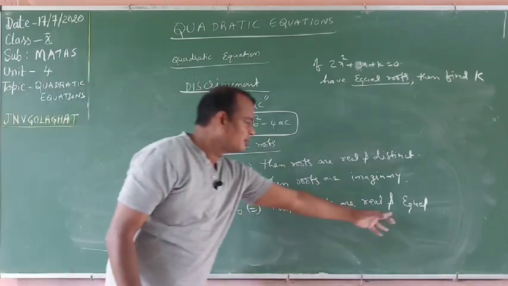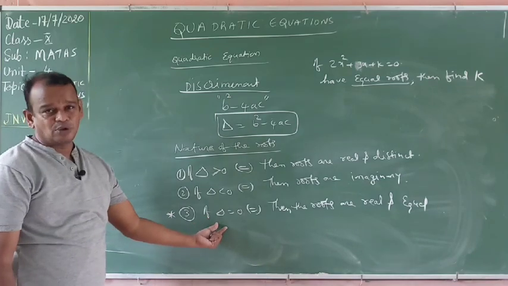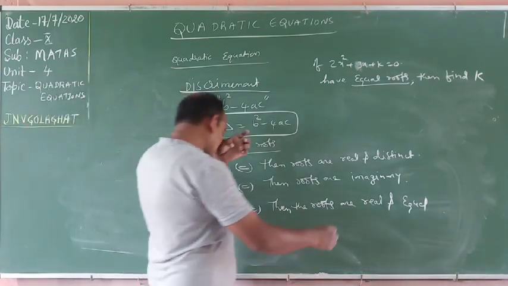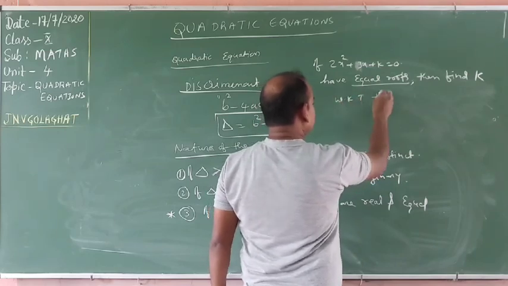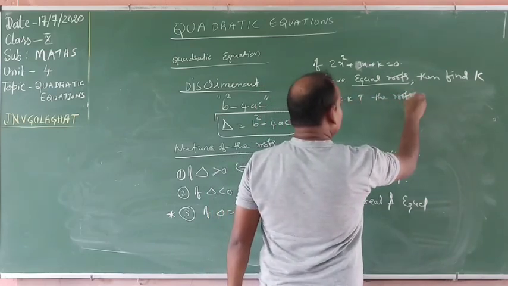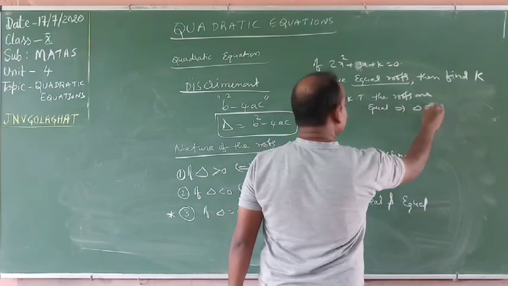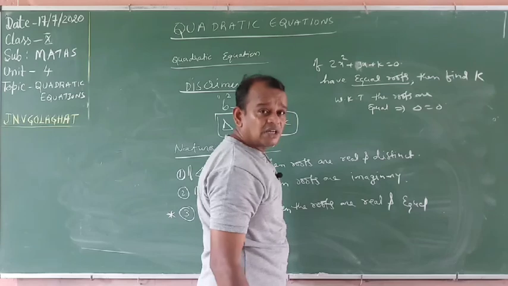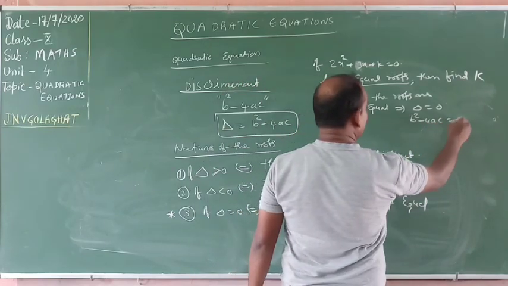Yeah. The roots are real and equal means what is the discriminant? Discriminant equal to 0. The roots are equal means delta is equal to 0. Discriminant b square minus 4ac is equal to 0.